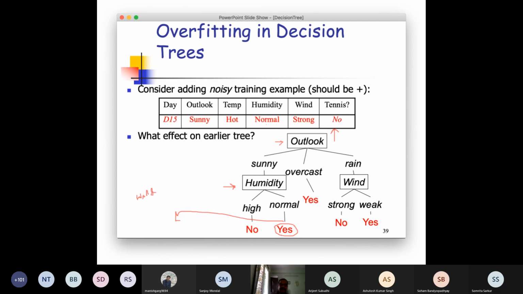Say this is wind. Though humidity is normal, if wind is strong, then I will say no, and for weak, I will say yes. So this is one possibility, just to take care of this part.